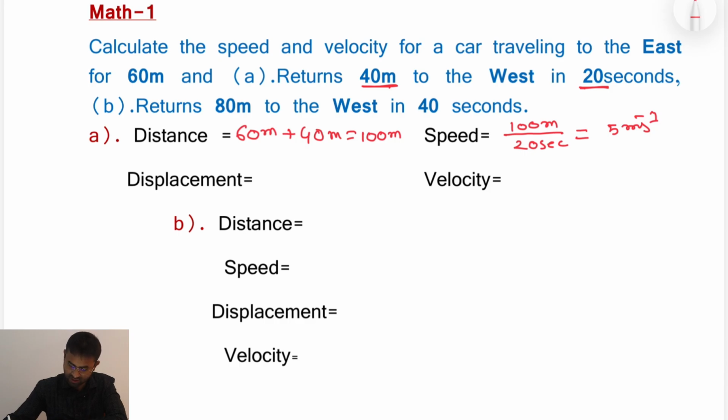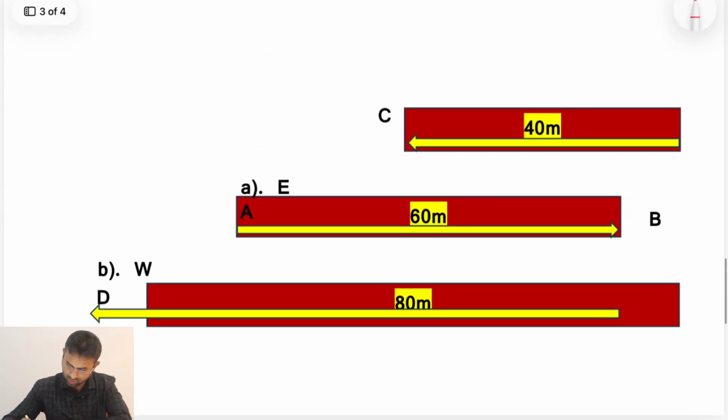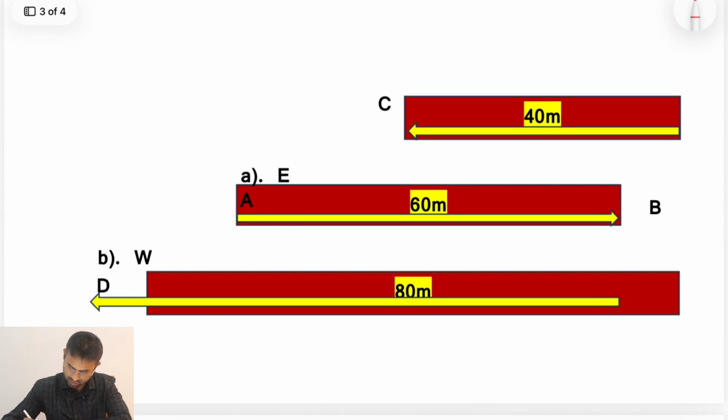Now what is the displacement? We know displacement is the direct distance from the starting to the end point. We can visualize this mathematical question. Given that the car started from point A and it traveled 60 meter to the point B, that is in the east direction.